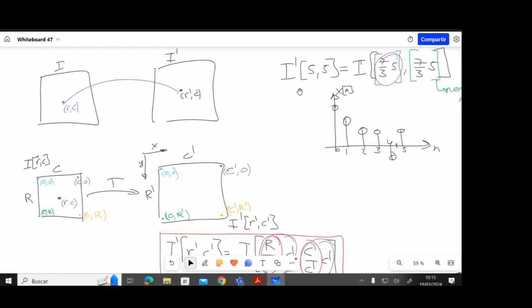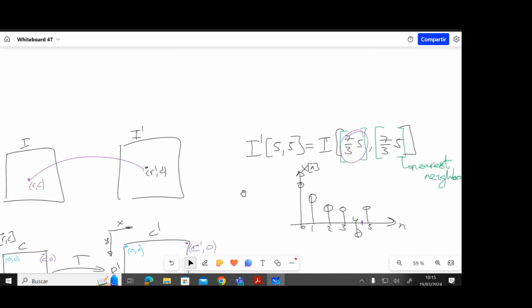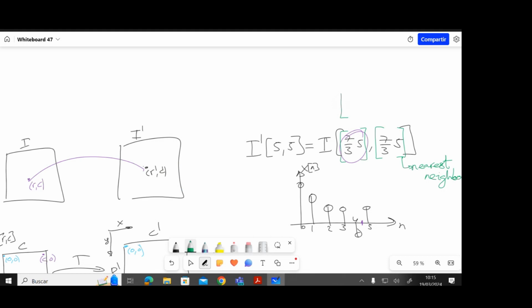What if, instead of rounding, we take the floor of the fraction? This is a replication. What we were doing at the beginning, replicating 4 times the pixel value, is, if you take the floor instead of rounding, a replication.